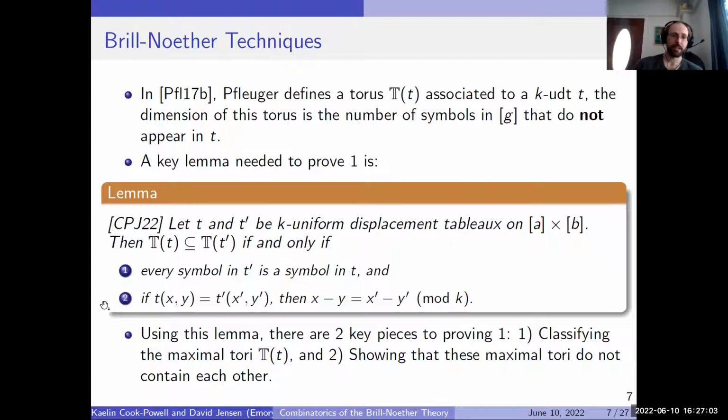And well, it just kind of follows from that each torus is something of a set of coordinates that to guarantee containment of tori, well, I need to make sure all the symbols in my larger torus are symbols that appear in my smaller torus.